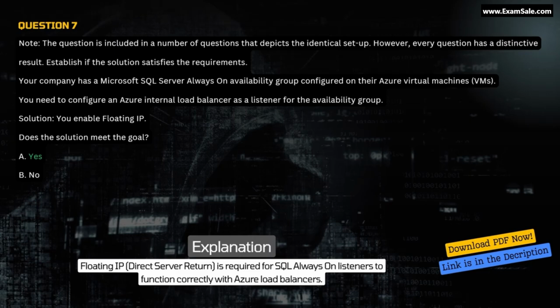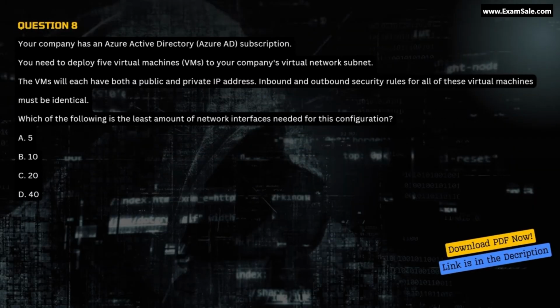balancers. Question 8. Your company has an Azure Active Directory, Azure AD, subscription. You need to deploy 5 virtual machines, VMs, to your company's virtual network subnet. The VMs will each have both a public and private IP address. Inbound and outbound security rules for all of these virtual machines must be identical.